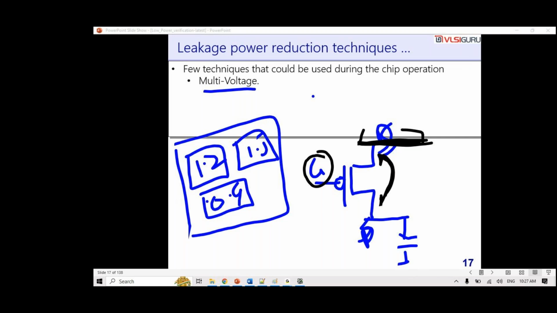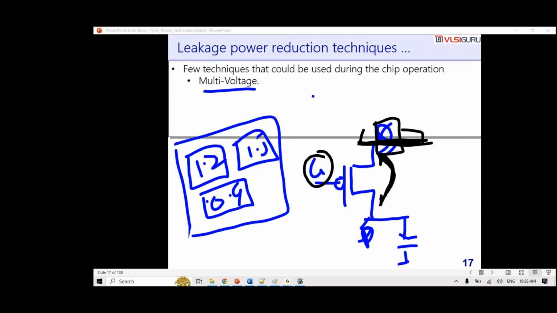Now you have already seen that as you increase the drain to source voltage, it leads to increased flow of current, and that's something we have already seen when I showed you the operating regions: the cutoff region, the linear region, and the saturation region. Even in the saturation region, as you increase the drain to source voltage, the current increases, but there is a point where it gets saturated. Anything beyond that is not going to have any impact.